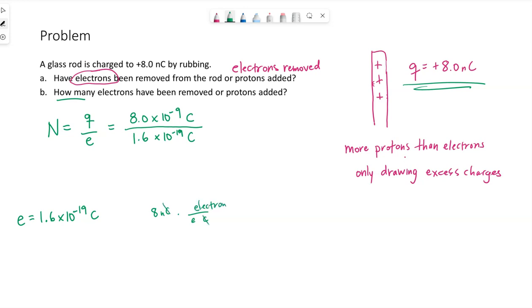These coulombs cancel, and this is giving us the number of electrons. So these coulombs are canceling. And I'm getting 5 times 10 to the 10th.